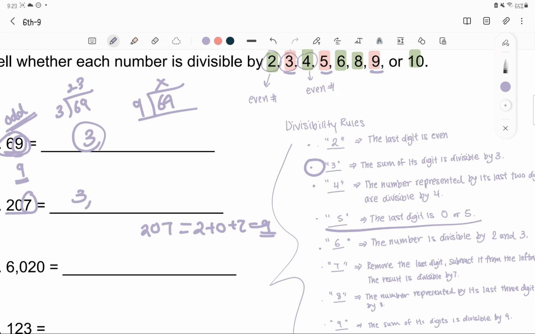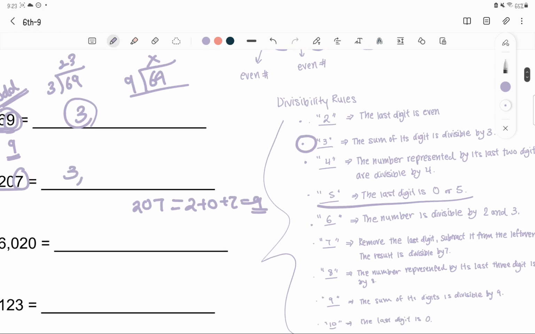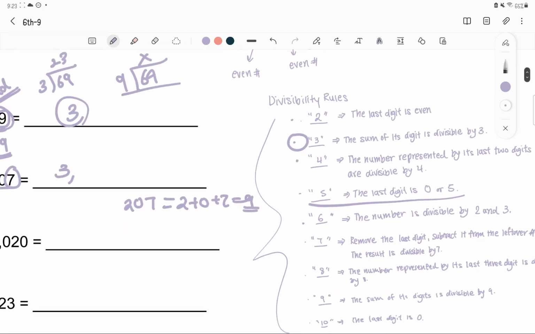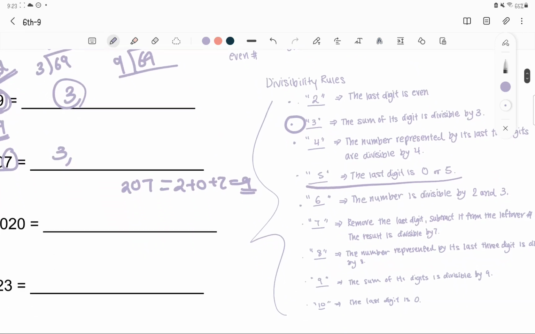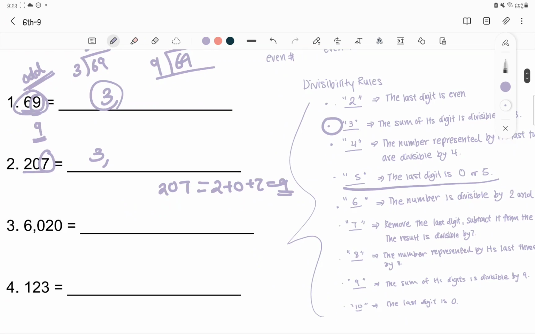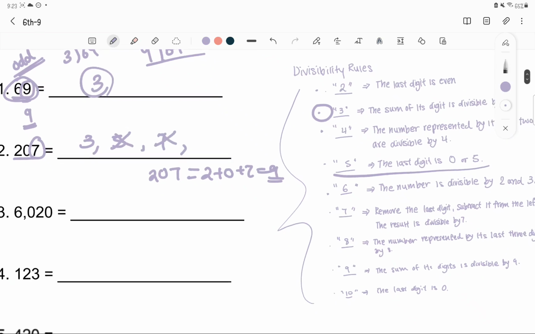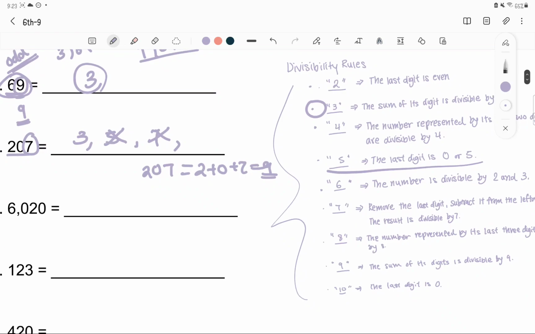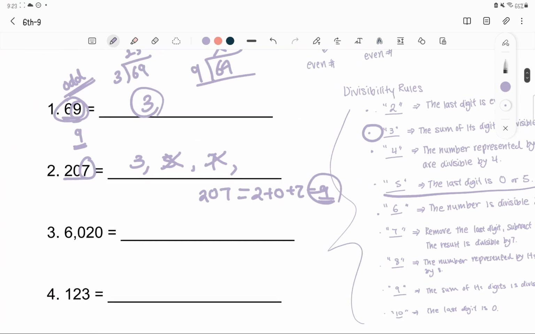Let's skip 7, since 7 is not our choice. And 5 is definitely no, because the last digit 7 is not 0 or 5. Let's check 9. The sum of its digits has to be divisible by 9. The sum of the digits is 9, and 9 is definitely divisible by 9. So it's 3 and 9.